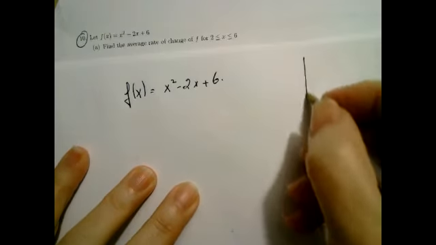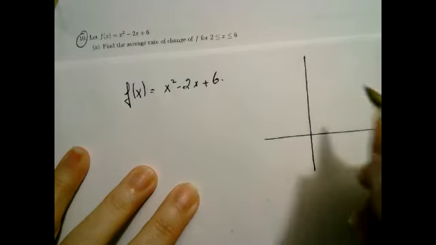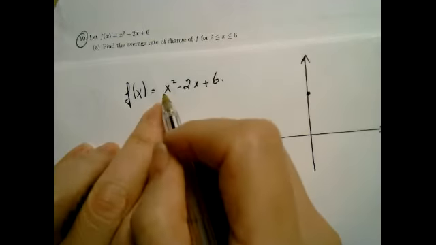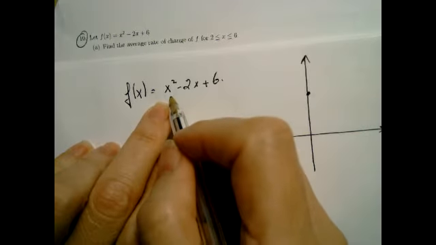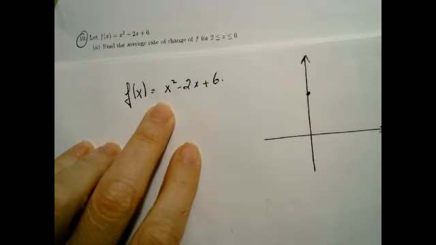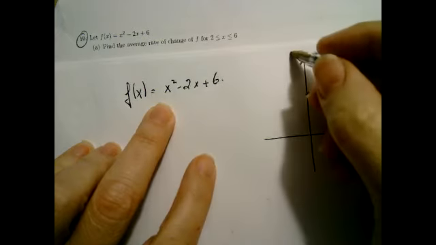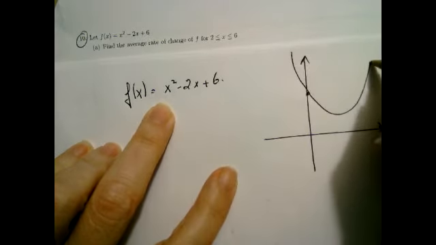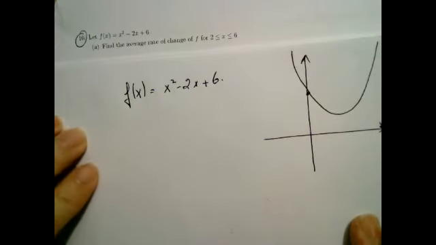This function, if we graph it, we're actually going to get a parabola because it's quadratic. So it's going to look something like this, if we graph it. So it's not a line anymore.